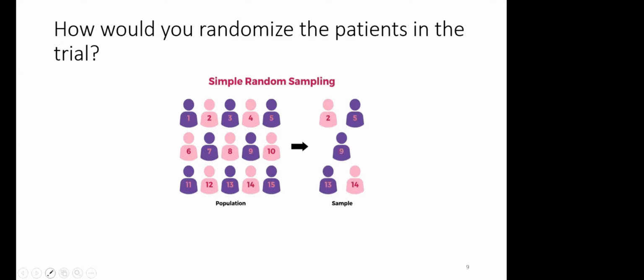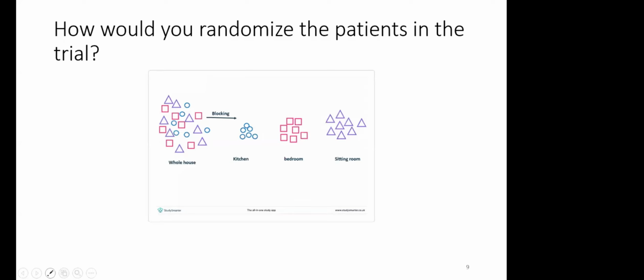So you give random numbers and then you pick specific numbers to go into either the intervention group or the control group. So it's advantageous in that it's simple and unbiased, but then it may result in unequal group sizes or imbalance in important characteristics, especially in small samples. So then we can consider block randomization, otherwise known as blocking.